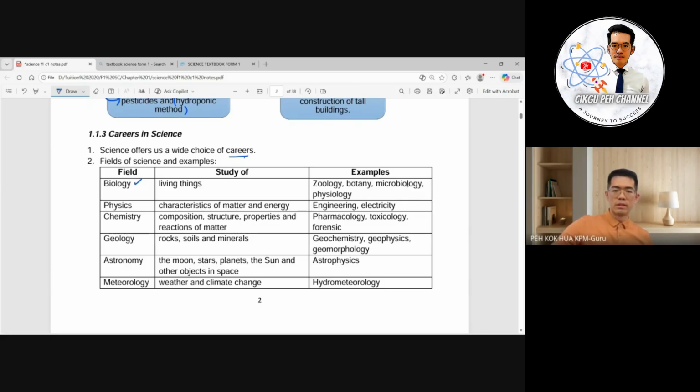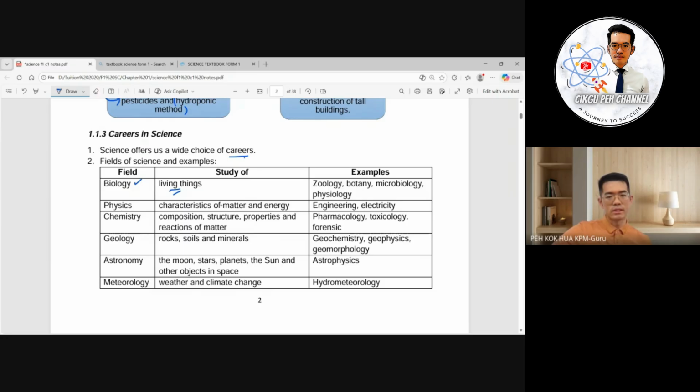Then physiology. Okay, 所以 biology 是生物，读关于生物哦，所以 zoology 这个不是职业，zoology 是一个读关于动物的科系。botany 是植物，读植物的。microbiology 是微生物之类的啦，physiology 是物理治疗。Okay, like physics, characteristic of matter and energy.